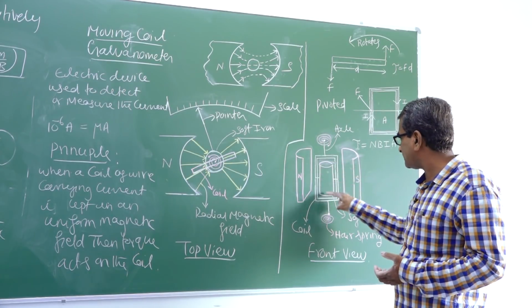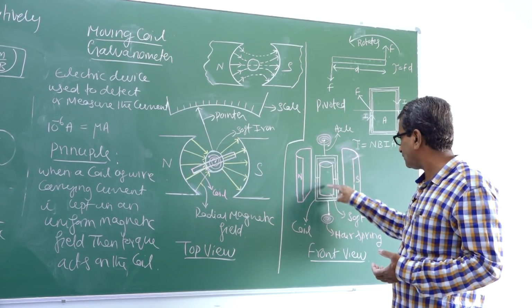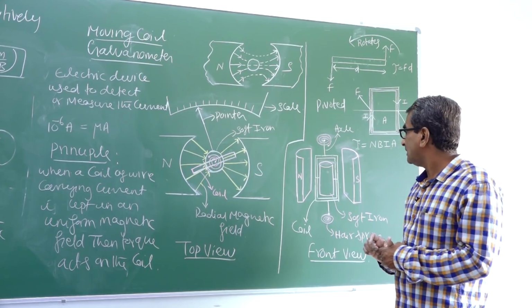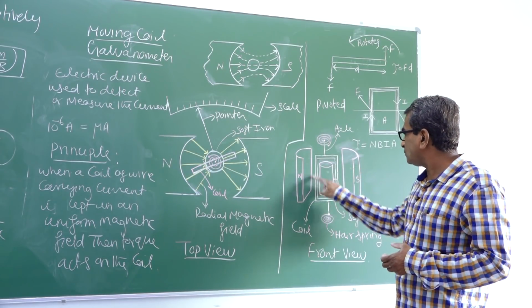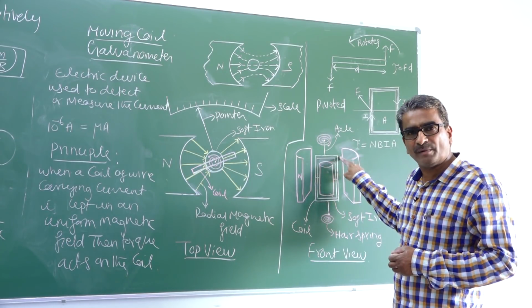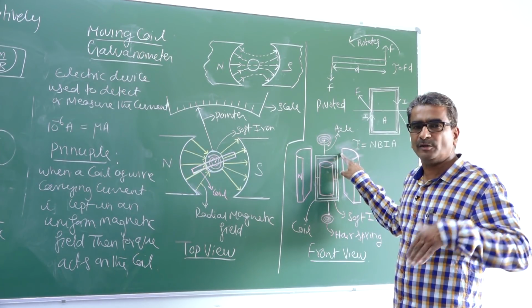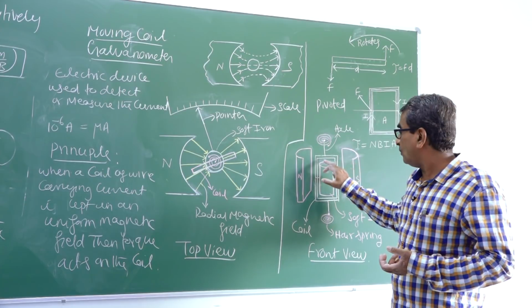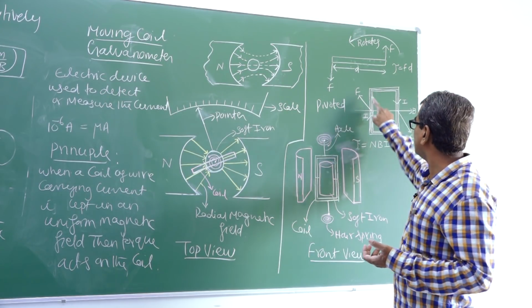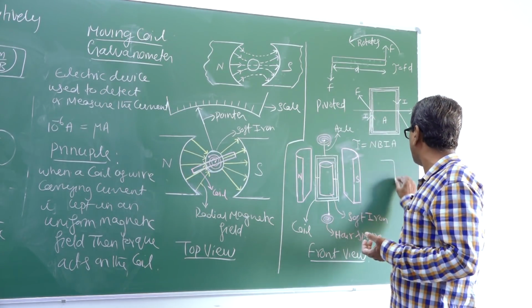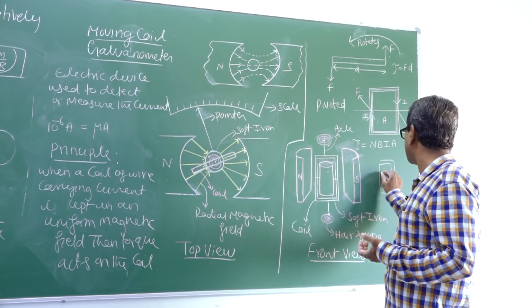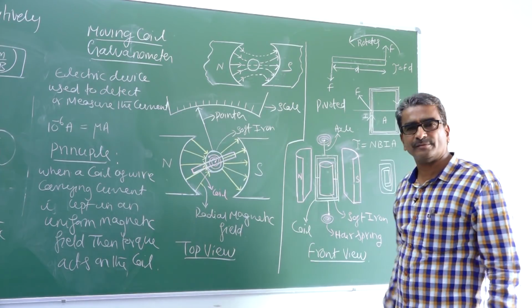See, there is some space between the coil and the soft iron. Remember, the coil is wound on a rectangular non-magnetic frame. This is an aluminum rectangular frame. Aluminum is non-magnetic, over which several turns of wire are wound like this over this rectangular frame.